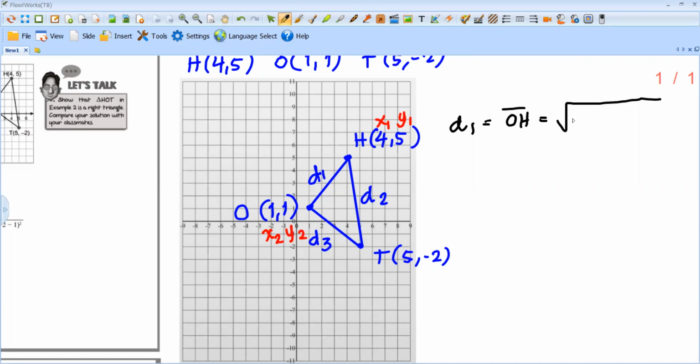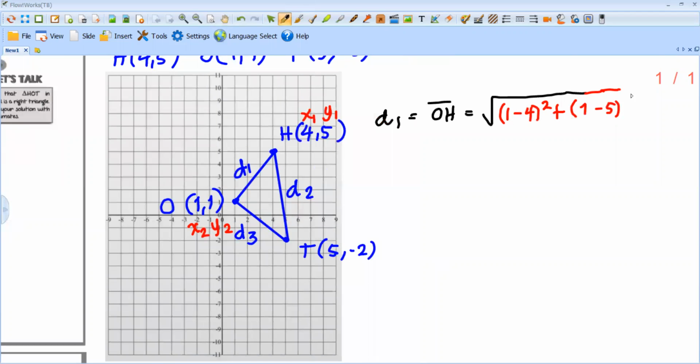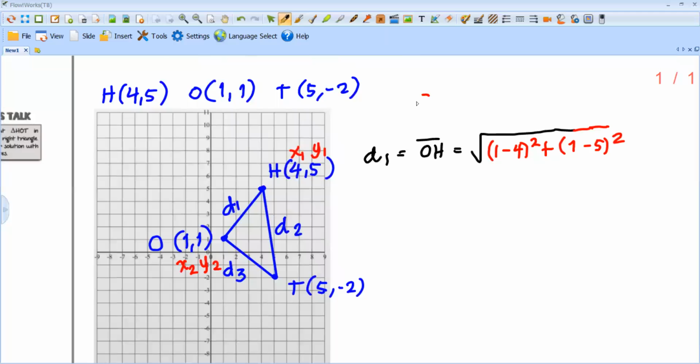So x sub 2 is 1 minus x sub 1, which is 4, squared, and y sub 2 is 1 minus y sub 1, which is 5, then we have to square. Okay? So again, the distance formula: distance is equal to the square root of (x sub 2 minus x sub 1) squared plus (y sub 2 minus y sub 1) squared.